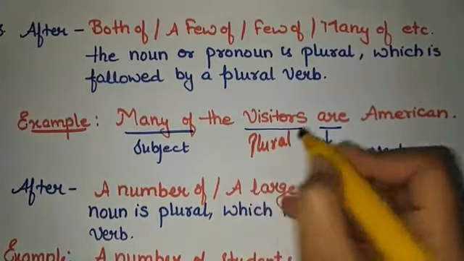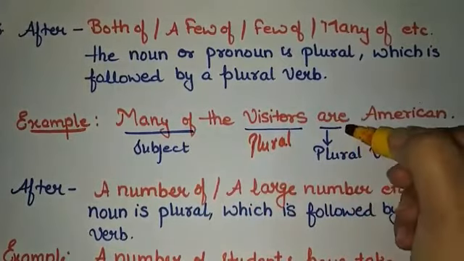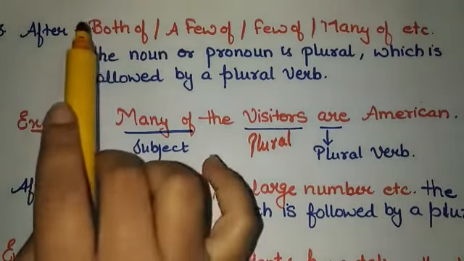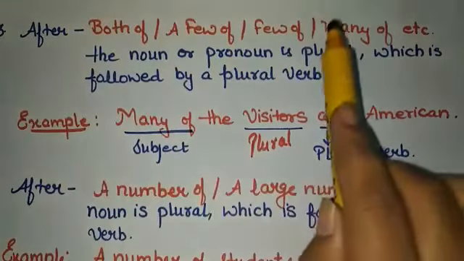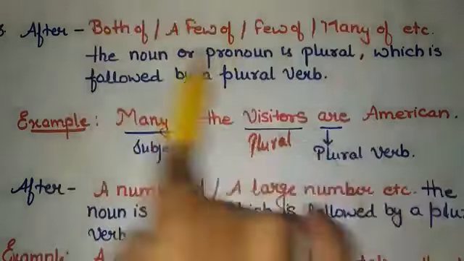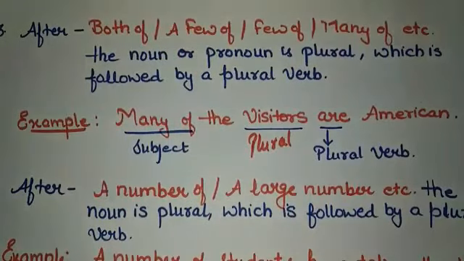So, I have to use a plural verb, and are is a plural verb. So, you have to take care that after such words like both of, a few of, or many of, etc., we have to use a plural verb, because these words always follow a plural noun or pronoun.